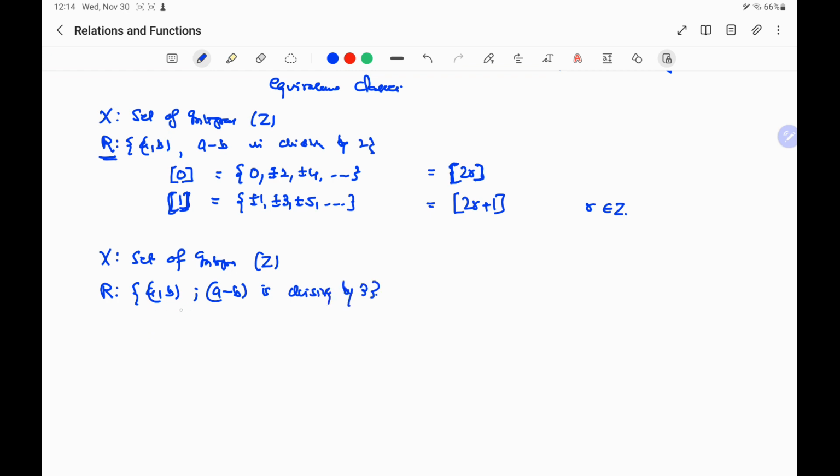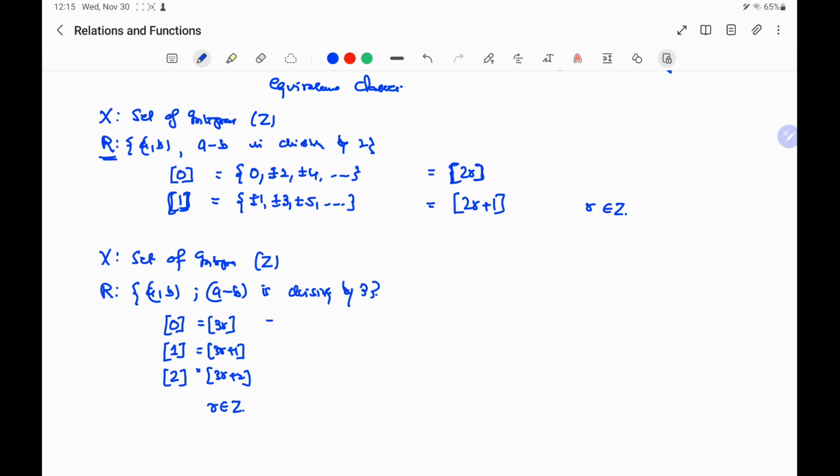So here we will have three equivalence classes: one related with 0, another related with element 1, and third one related with element 2. These can also be represented as 3r, 3r plus 1, and 3r plus 2, where r belongs to the set of integers.